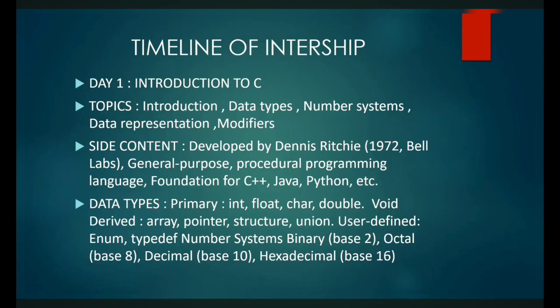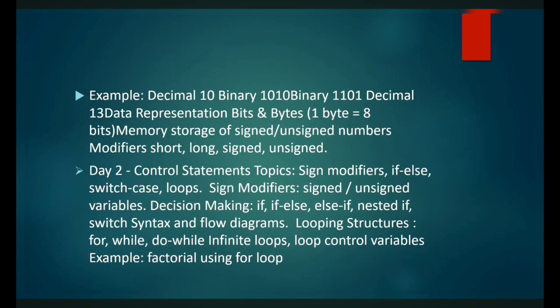Data types: the primary ones are int, float, char, double, and void. Derived types are array, pointer, structure, and union, and user-defined types are enum and typedef. Number systems: binary base 2, octal base 8, decimal base 10, and hexadecimal base 16.